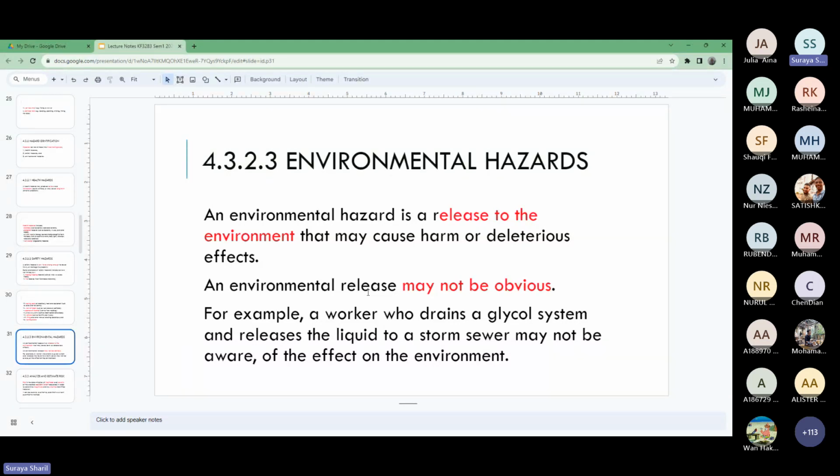If they are irresponsible towards the environment and just let the effluent or the waste go to a river, for example, it may not be an immediate effect to the user.